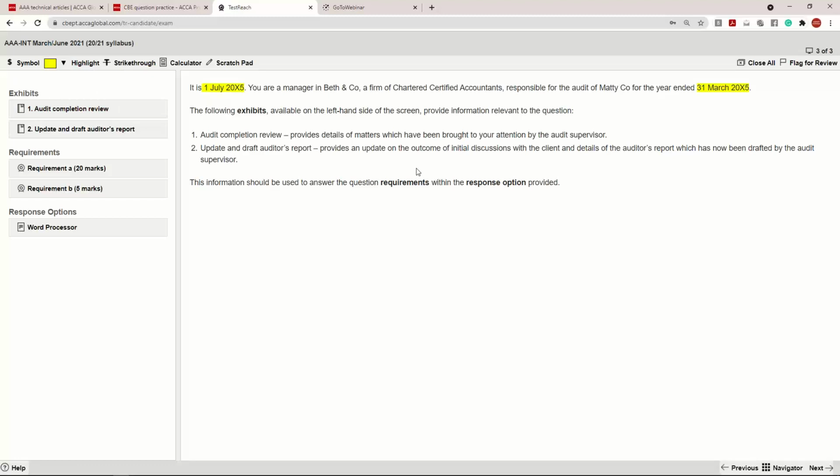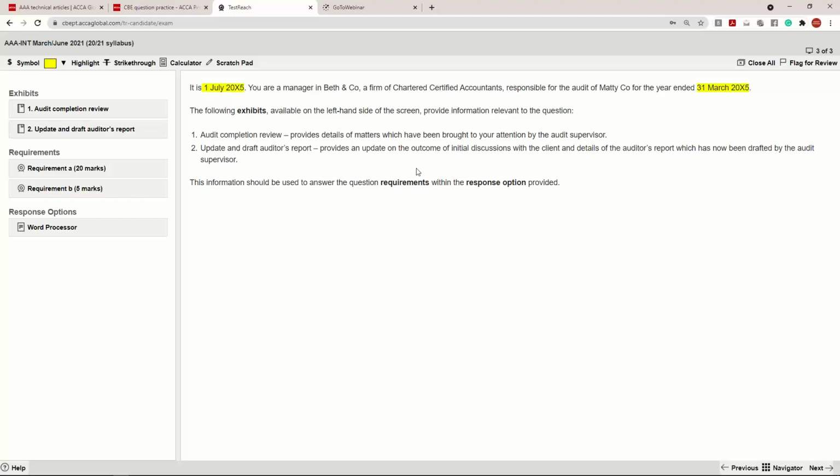The year end is 31st March, and we are standing after the year end, on the 1st of July. April, May, June. So are we at the stage of completion and reporting after the year end?